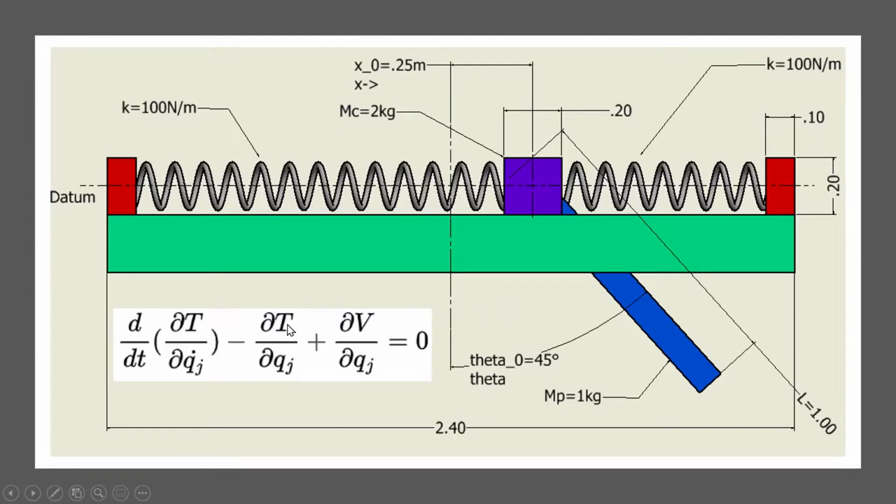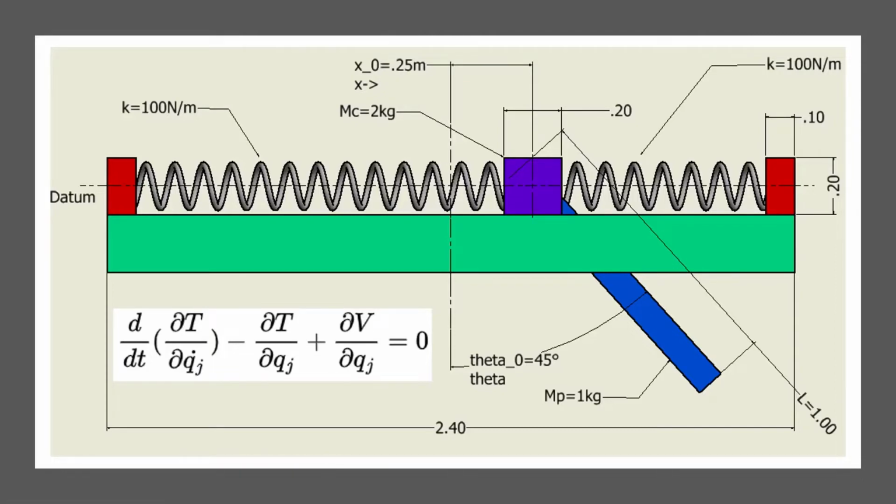And then next I'll do it in Matlab by deriving the Lagrangian equation of motion, where this is T and this is V, T being kinetic and V being potential energy, and the Q is the generalized coordinate. So there's two generalized coordinates, so there will be two equations of motion, and there will be second order derivatives of the generalized coordinate.